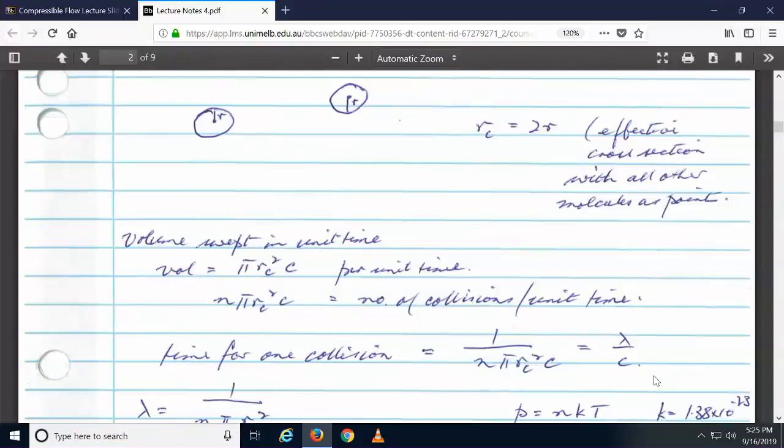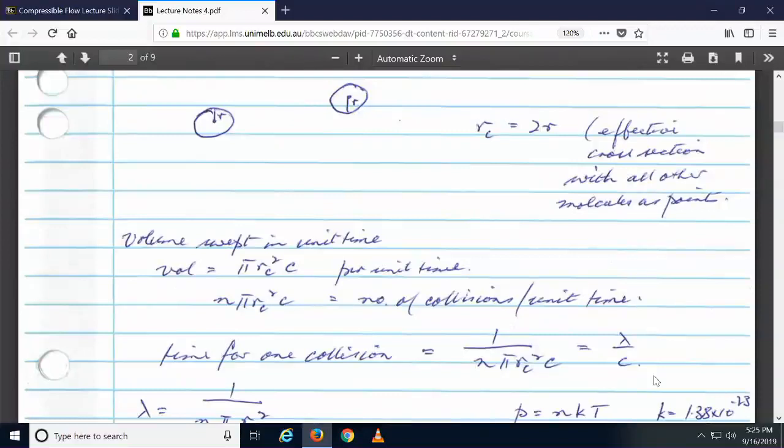So in unit time, the volume swept out is pi R c squared times c, and the number of particles in that volume will be the number per unit volume, but they're all regarded as single points. So the number of collisions in unit time will be n pi R c squared times c. So if you have that many collisions in unit time, how long will it take for one collision?